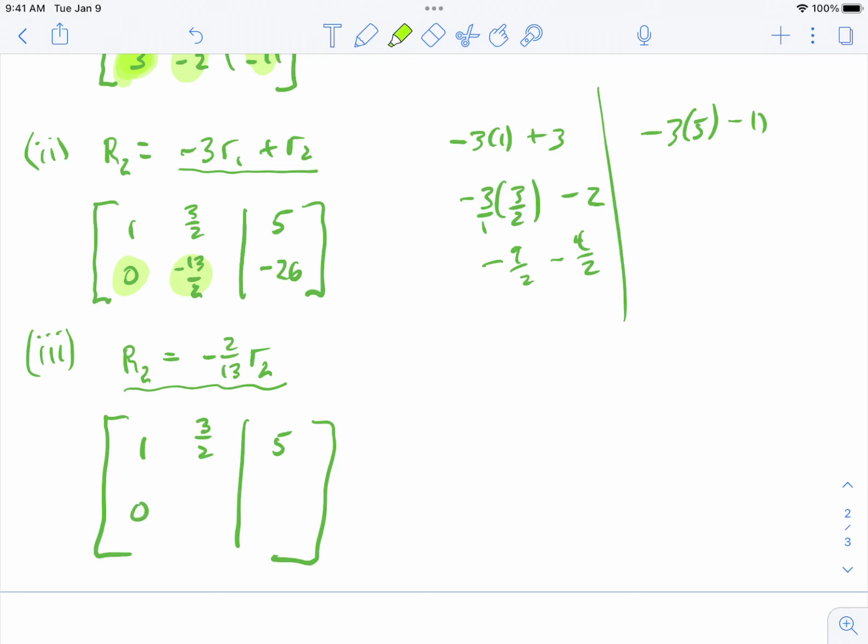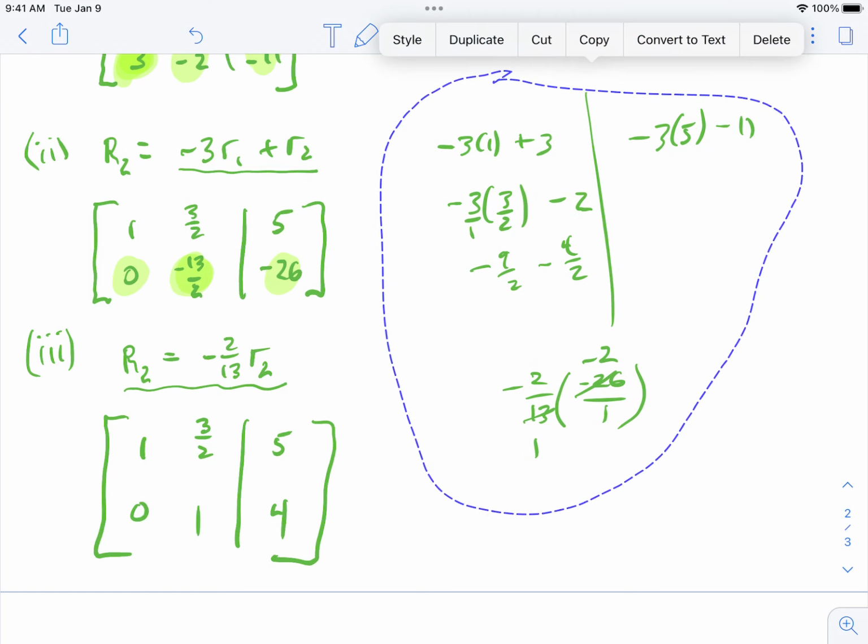A negative 2/13 times a negative 13/2, well, they're reciprocals, so you get 1. And then you got to do a negative 2/13 times the negative 26, scratch work. This feels familiar, right? So cancel the 13 into the negative 26 is negative 2. Negative 2 times negative 2 is 4. Cool. Now let me get this scratch work out of here. We don't need that.